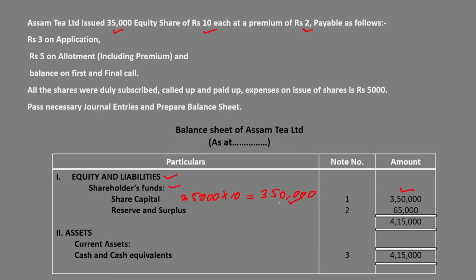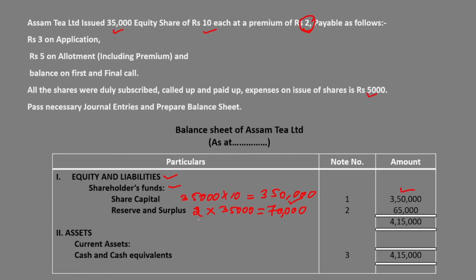So this is the share capital value. And reserve and surplus: the premium amount will be considered as reserve and surplus. Now what is the premium? That is rupees 2. And the total equity shares are 35,000. Then we will get 70,000. Out of that 70,000 you have to minus the expenses of rupees 5,000.